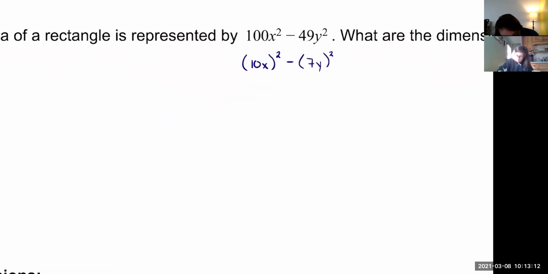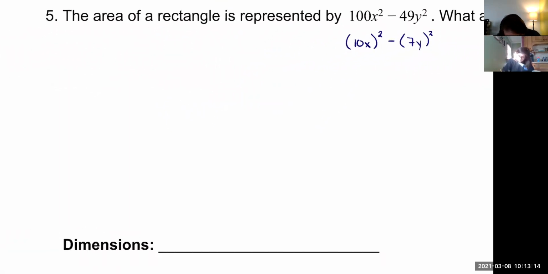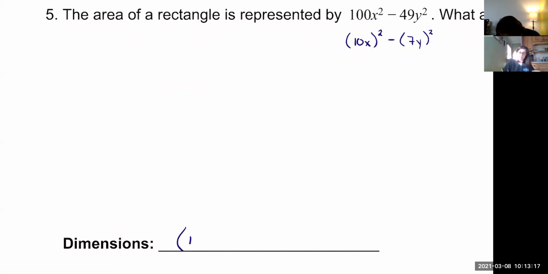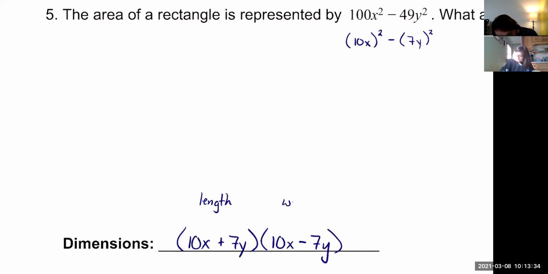So with that reasoning, then I should be able to get the two binomials, 10x plus 7y and 10x minus 7y, which doesn't really matter which one is which. One of them is length, one of them is width.